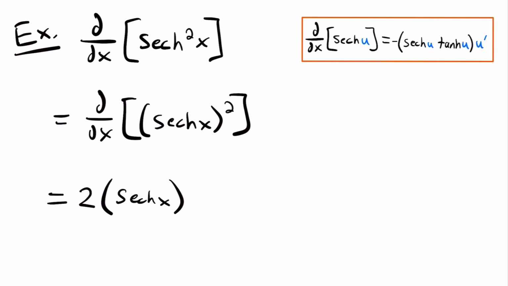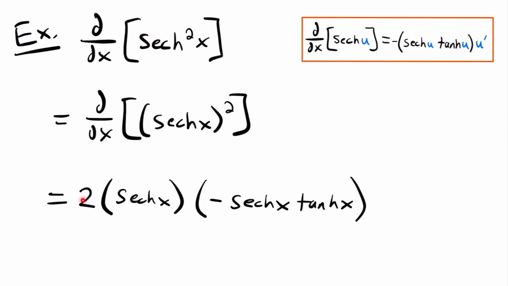And so we just have 2 times hyperbolic secant, and then we need to multiply by the derivative of hyperbolic secant, that inside function. And so if we use this rule over here, u is just equal to x, and so the derivative of x is just 1, and so we don't need to worry about multiplying by the derivative because multiplying by 1 will not change anything. And so we will have that the derivative is negative hyperbolic secant of x times hyperbolic tangent of x, and that will be the derivative of hyperbolic secant.